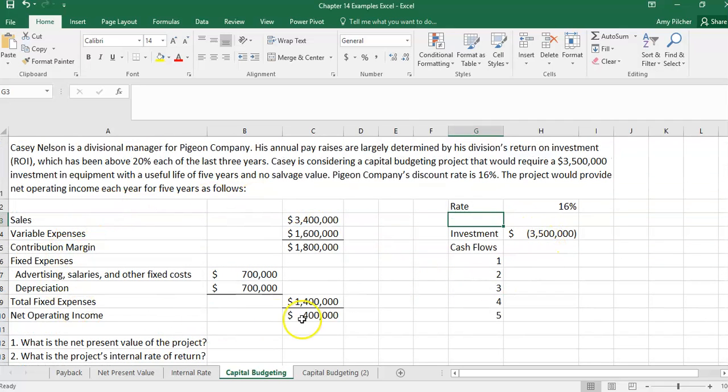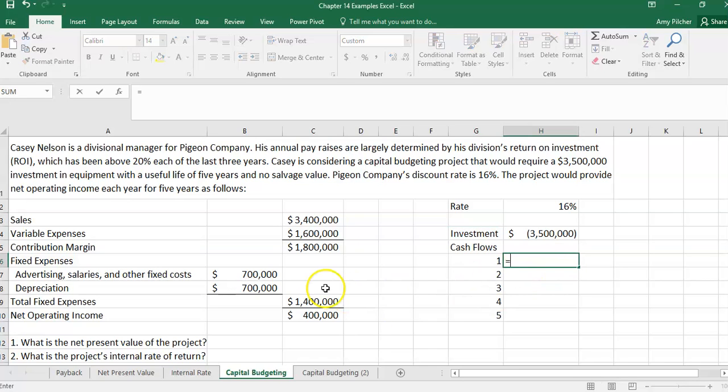So we're given an income statement with net operating income. If you remember from cash flow analysis, to turn income into cash flows, we have to add back the non-cash item, which is depreciation. So our cash flows are the net income plus depreciation.